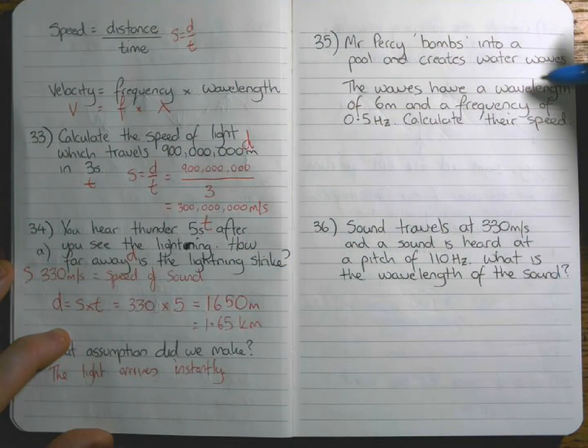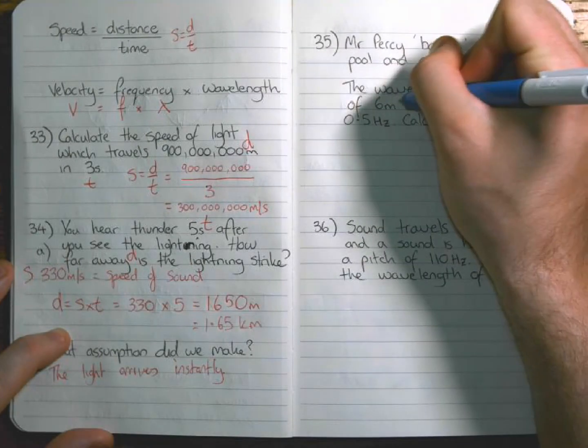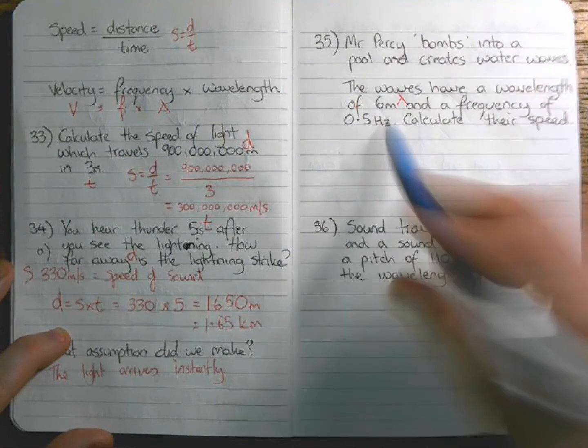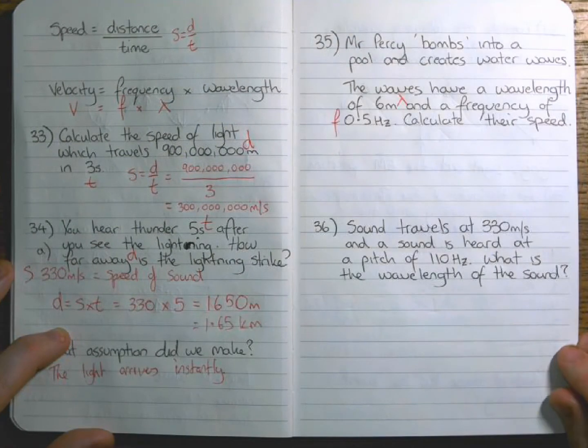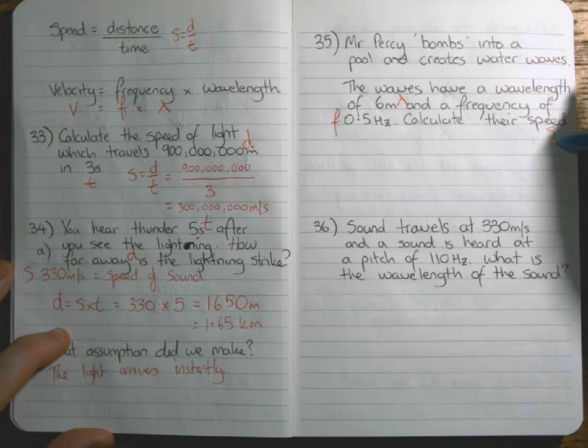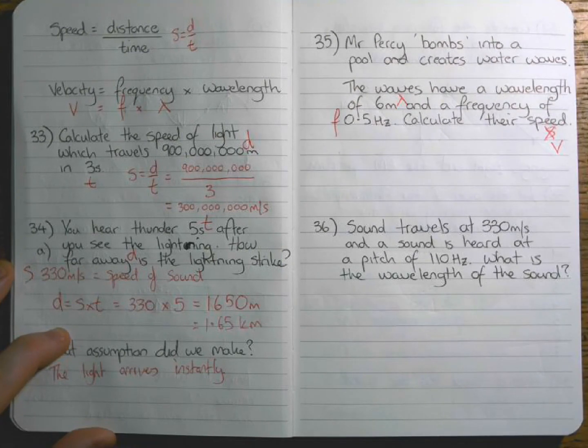Let's label our numbers. So that is wavelength, so I'm going to put the wavelength symbol next to it. And we've been given frequency, which is f. And we have to calculate the speed, s. Now s is for speed, but in this equation we're actually going to use the term velocity. In this topic, speed and velocity, you can treat them as exactly the same thing.